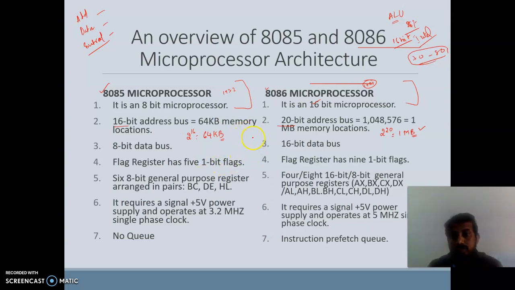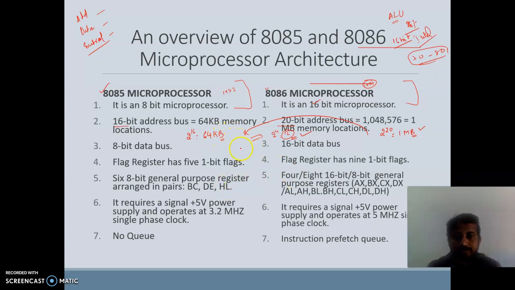The factor by which it is increased is 2 power 4, which is 16 times more. So the memory of the 8086 is 16 times more than that of the 8085.